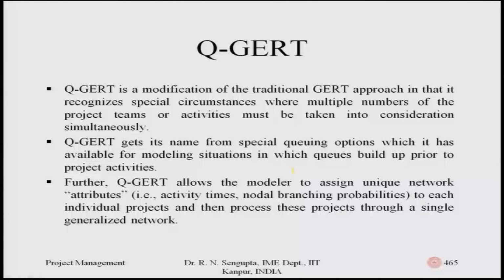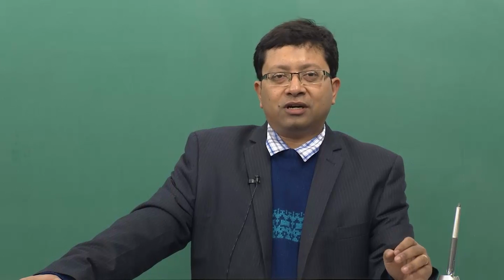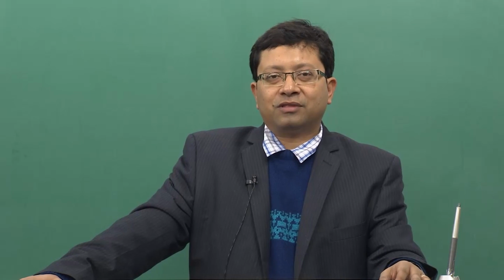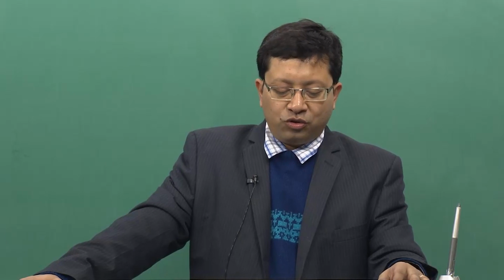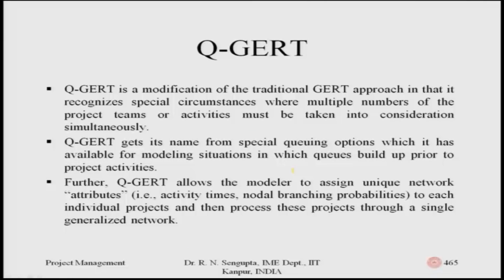So, now I will go briefly into Q-GERT and a few concepts of theory of constraints. Q-GERT, which is queuing GERT, is the modification of the traditional GERT approach, in that it recognizes special circumstances where multiple project teams or activities must be taken into consideration at the same time.